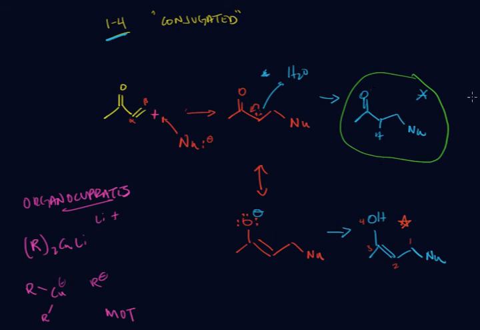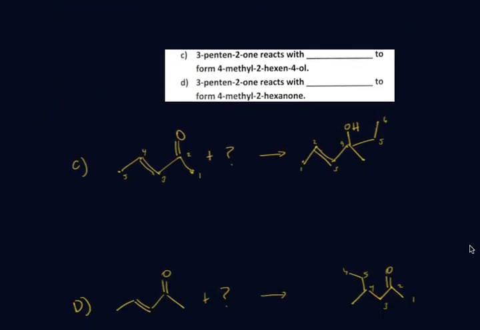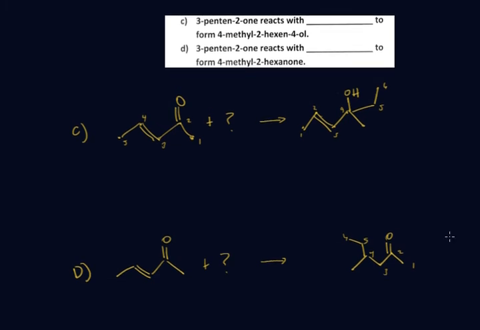So anyway, I'm going to emphasize that with the question he used in the group work really quick. This is C and D from the 418 group work. I drew these so that hopefully it would be a little bit more obvious, but in each instance you're starting with 3-penten-2-one. So you've got pentene as the base, 2-one. The ketone is on the 2 carbon, and the carbon double bond of the pentene starts at the 3 carbon.